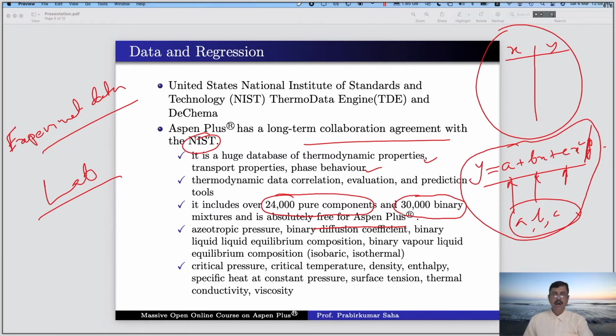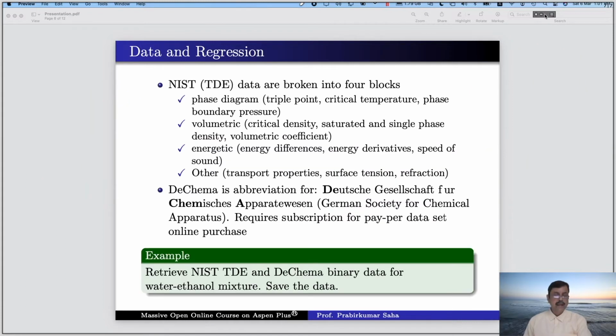I will show you how to gather the data from the NIST database. You will get this data: azeotropic pressure, binary diffusion coefficient, binary liquid-liquid equilibrium composition, vapor-liquid equilibrium composition at isobaric and isothermal conditions, the critical temperature and pressure, density, enthalpy, and all sorts of properties that you can think of are there in the NIST database. Now, the NIST database is broken into 4 blocks: phase diagram block, volumetric block, energetic block, and other block.